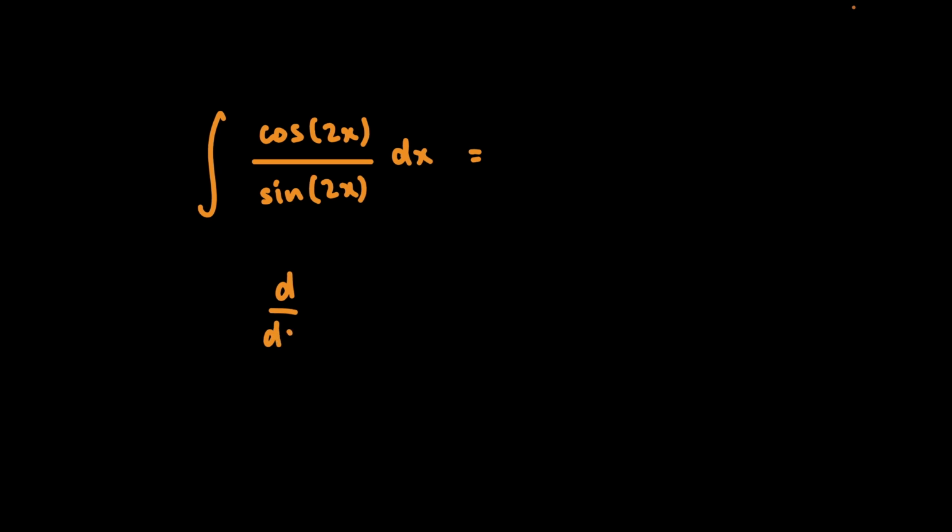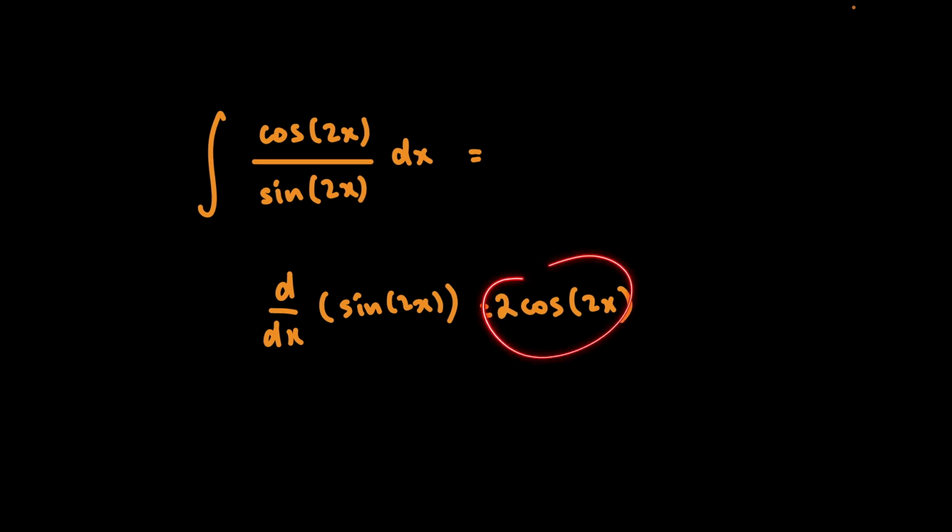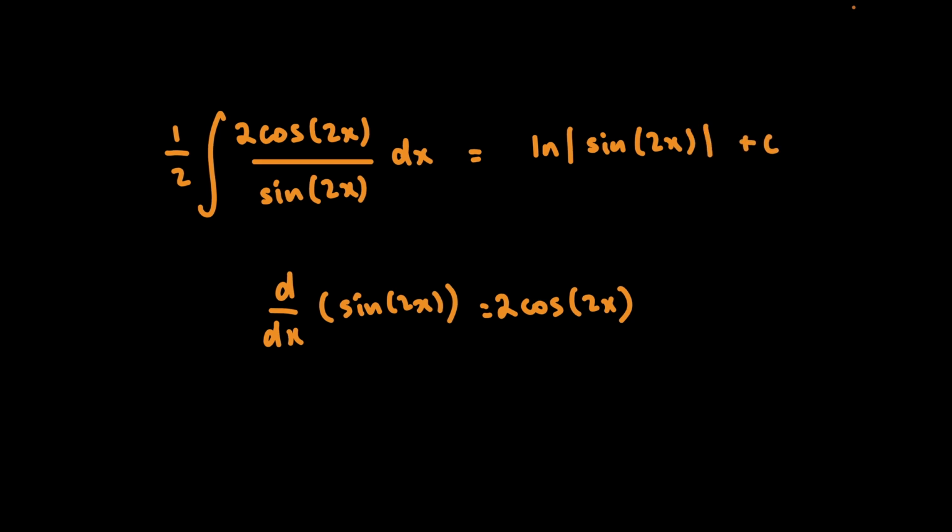The derivative of the denominator, in this case sine 2x, is simply cos 2x, but then you also have to times by the derivative of the inside angle, which is just 2. So that's almost on the numerator, but we just have to introduce a 2 inside and a half on the outside. So our new integral becomes ln absolute value of sine 2x plus c. And in this case, you just need to bring back the half.